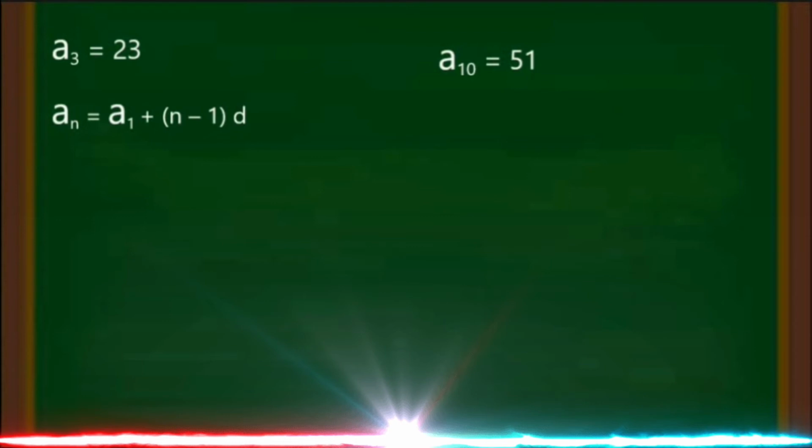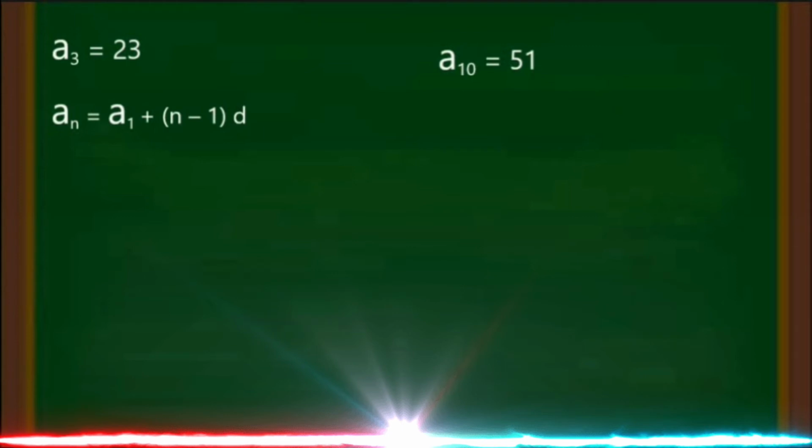So this is now the solution. Given is only a sub 3 is equal to 23 and a sub 10 is equal to 51. Then we will use our general formula: a sub n is equal to a sub 1 plus quantity n minus 1 times d.